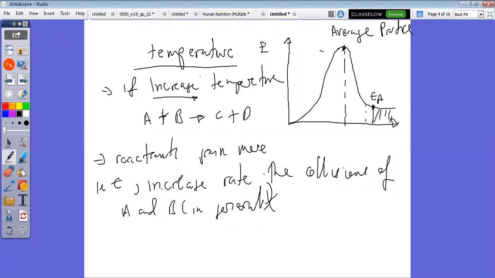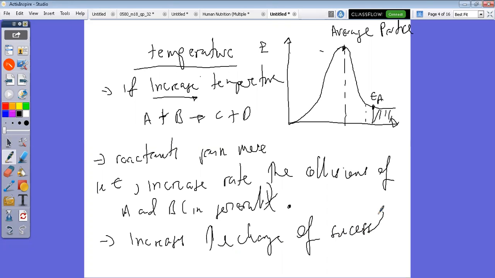When it increases the rate of collisions, it means we are going to have more particles with sufficient energy. It increases the chance of successful collisions.